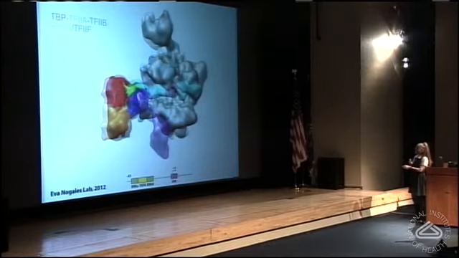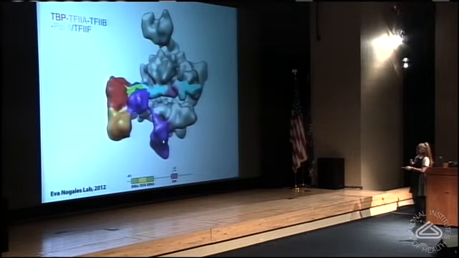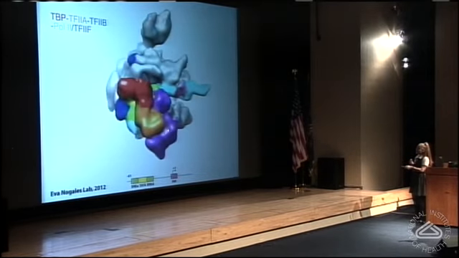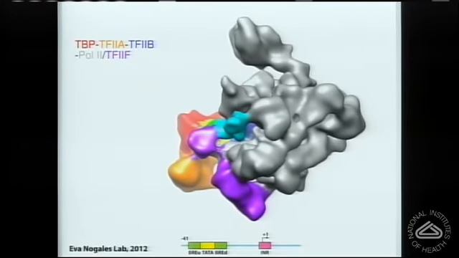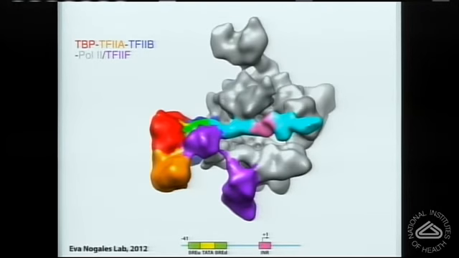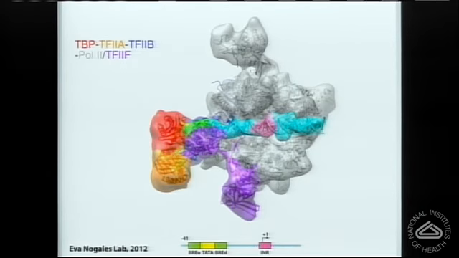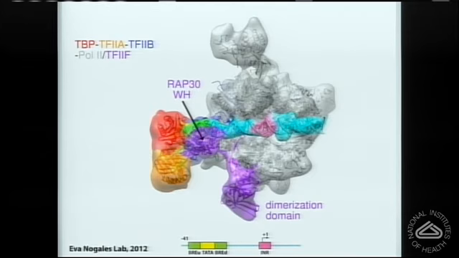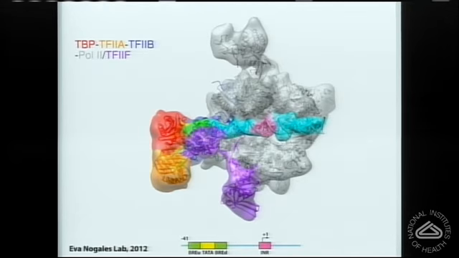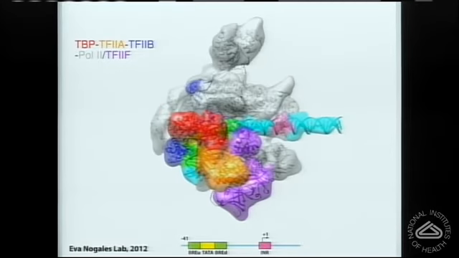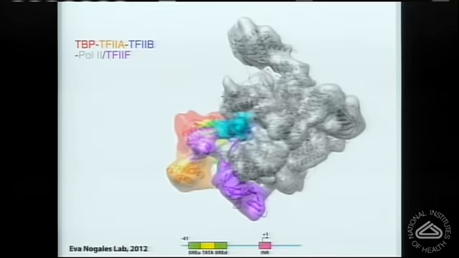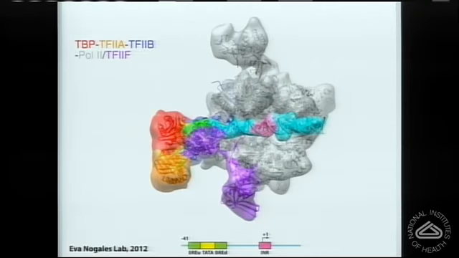Okay? Now, when we add TF2F, we get extra density that we assign to protein. We have an extension of the density corresponding to the DNA that now explains the full core promoter that we use. And we have a number of movements that occur in the existing pre-initiation complex. We can explain these two extra densities as the WH domain of RAP30 and the dimerization domain within TF2F.